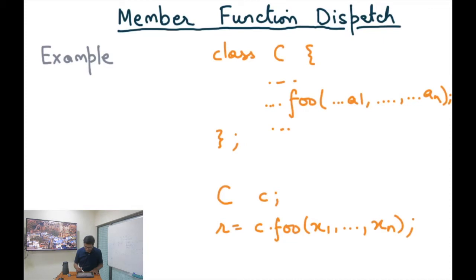Notice that in this particular example, c is an object of type C, but it is also possible in an object-oriented language to have c be an object of type D, such that D is a subtype of C. In which case it would also be okay to call foo on c, because c is an object of type D, which is a subtype of class C, and C has foo, so it's okay to say c dot foo in that case as well.